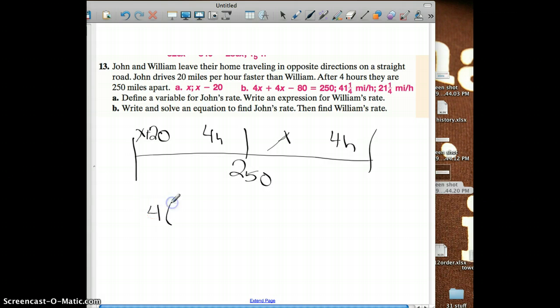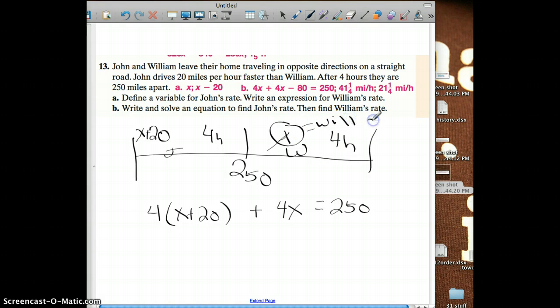So 4 times x plus 20 plus 4x, this was John here, and this is William. The total distance is going to equal 250. Remember, we're solving for x, and x in this case will be William's speed. Again, labeling things, and I'll just put Will's speed there.